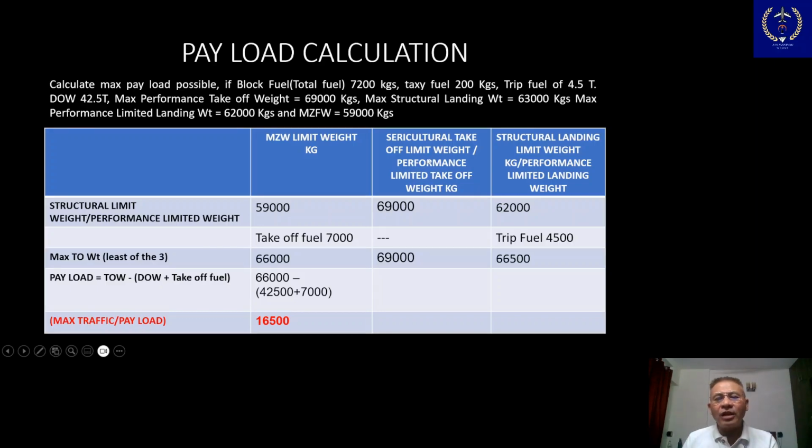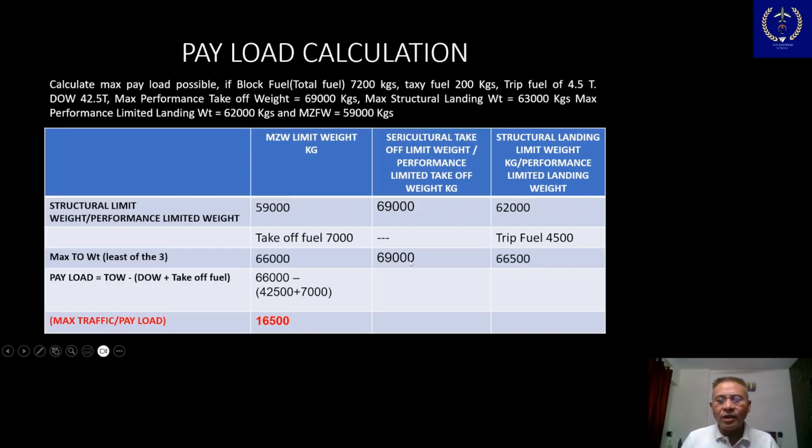In takeoff weight, the structural limit takeoff weight or the performance limited takeoff weight, the max performance limited takeoff weight is what is given. This is 69 tons, which I have already put here, and the maximum landing weight in this will be governed by the performance limited landing weight, which is lesser than the maximum structural limit weight, which is okay. So now it is 62 tons or 62,000. In that, if we add the trip fuel of 4.5 tons or 4,500 kgs, we get 66,500.